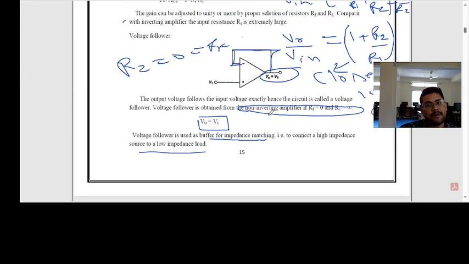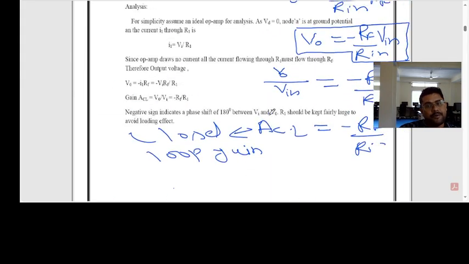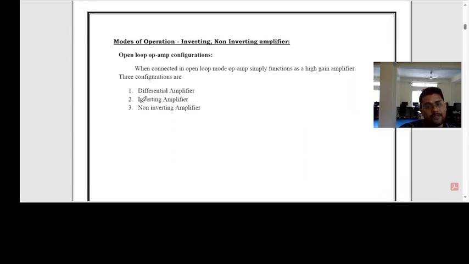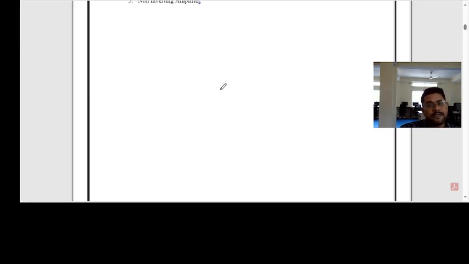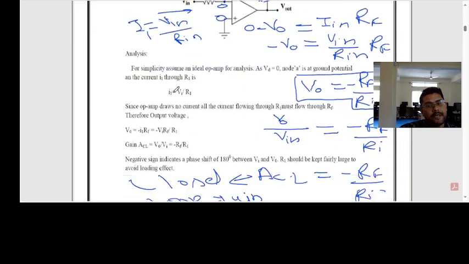We have already discussed the inverting mode, where we apply the input at the inverting terminal. Second, we discussed the non-inverting mode, where we apply the input at the positive terminal and the negative terminal is grounded. Next configuration is the differential amplifier.